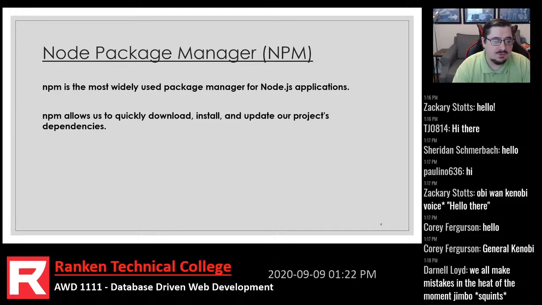NPM is going to allow you to very quickly download, install, and update your project's dependencies. Not only does it make it quick to download, it also keeps track of what dependencies you're using and what versions you're using. So you can make sure that you're getting those same versions, or at least a compatible version.